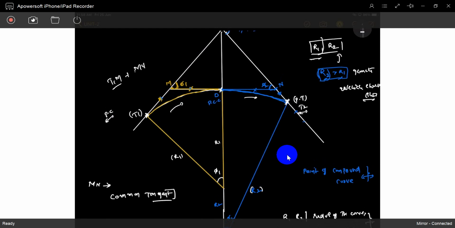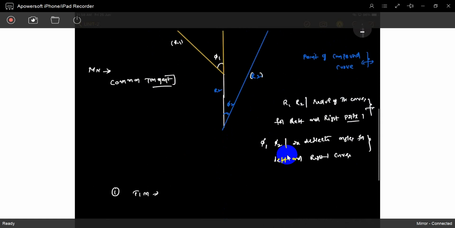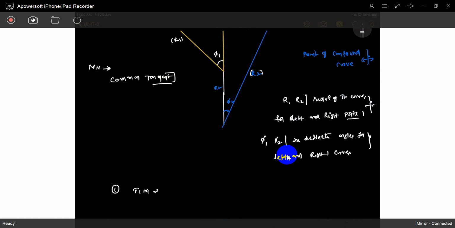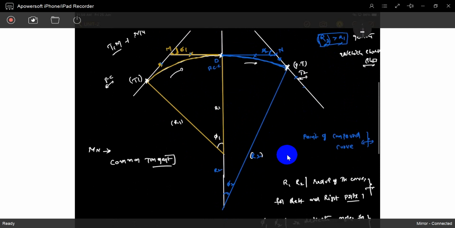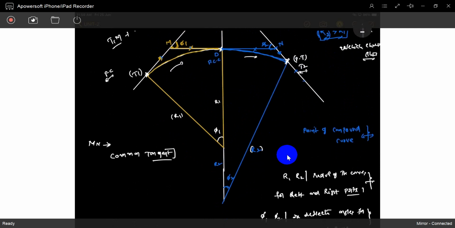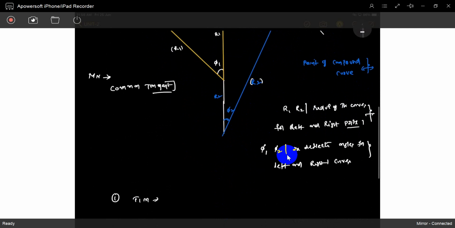So, length of the smaller curve, length of the smaller tangent.